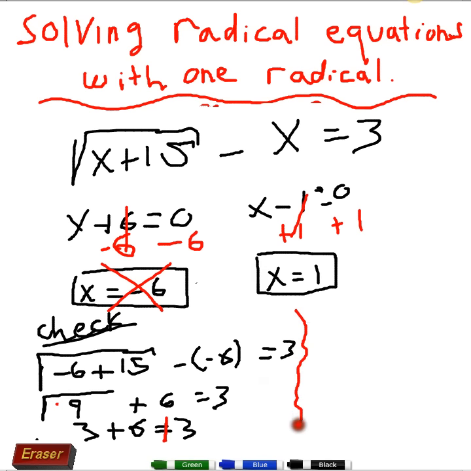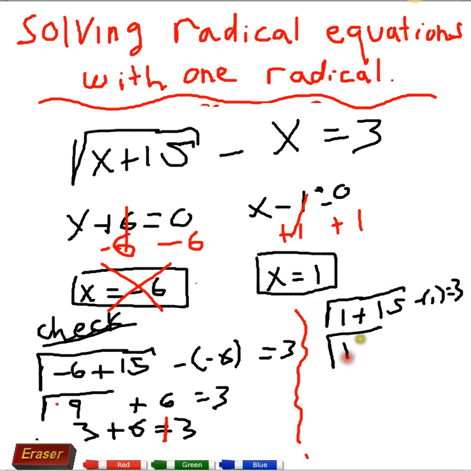So now we have to check if x equals 1 is a solution. So we have the square root of 1 plus 15 minus 1 equals 3. 1 plus 15 is 16. A negative times 1 is going to be negative 1 is equal to 3.